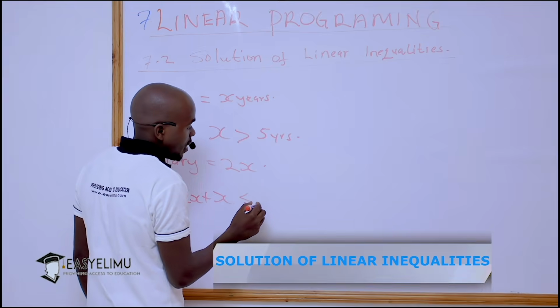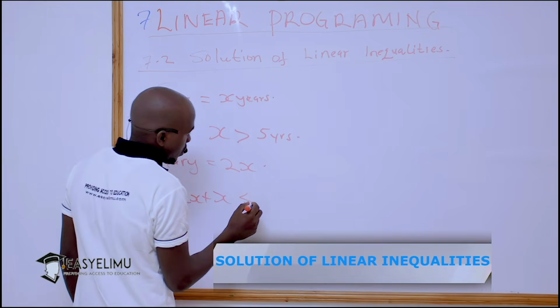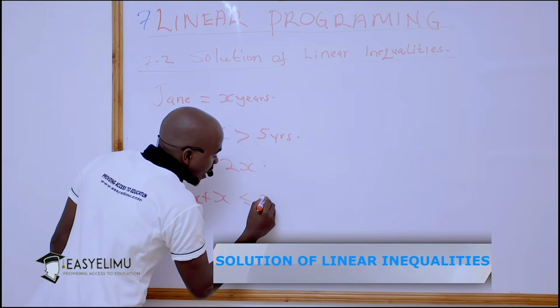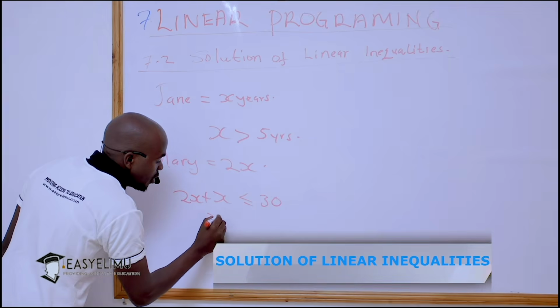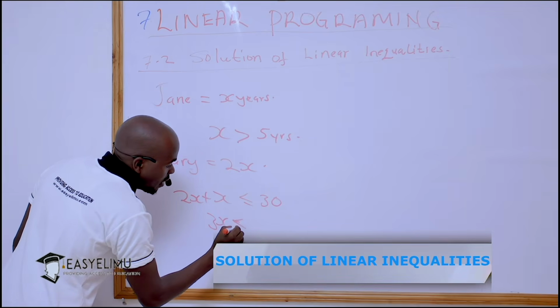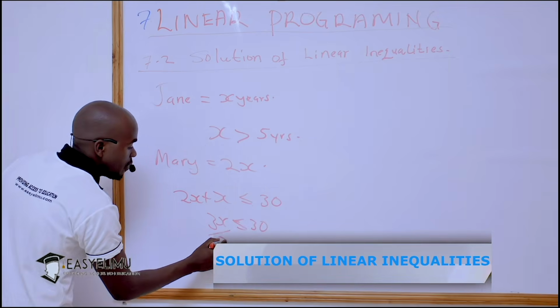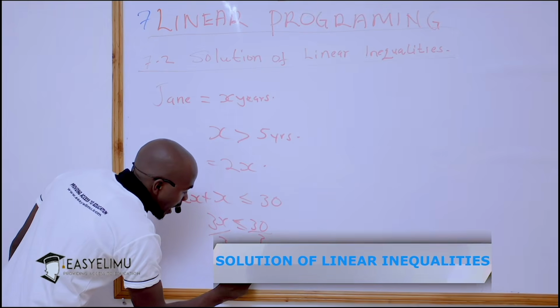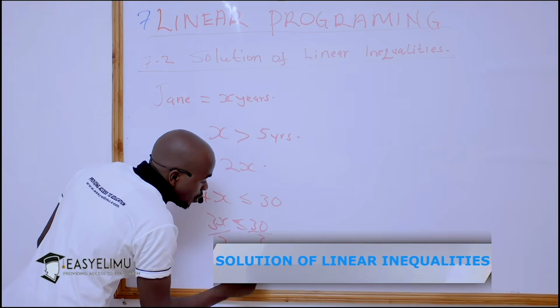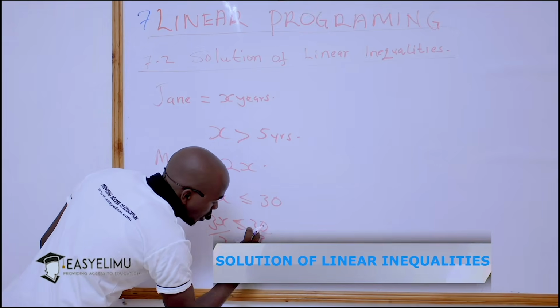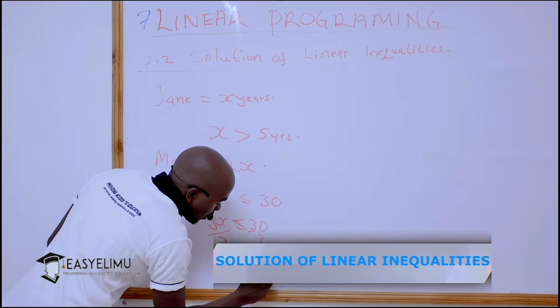So it will be less than or equal to 30 years. On calculation, we are going to get 3x is less than or equal to 30. So over 3, we are going to get x is less than or equal to 10.